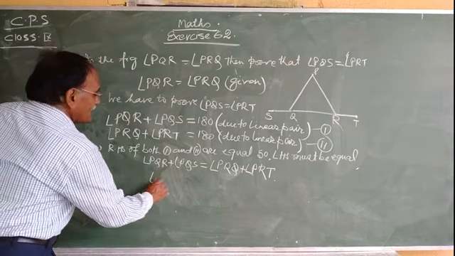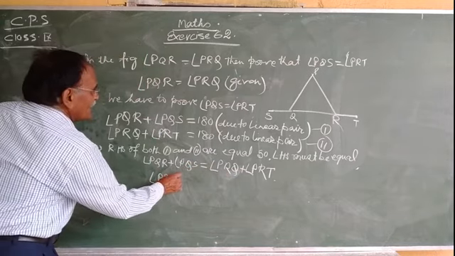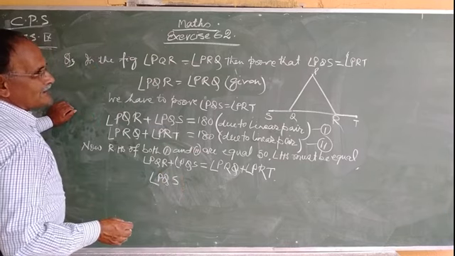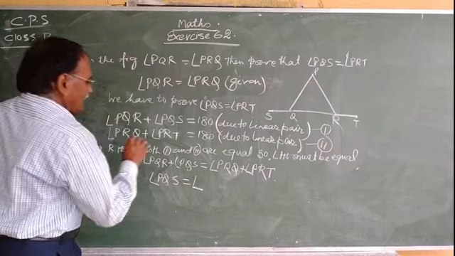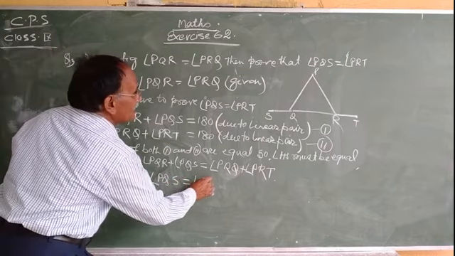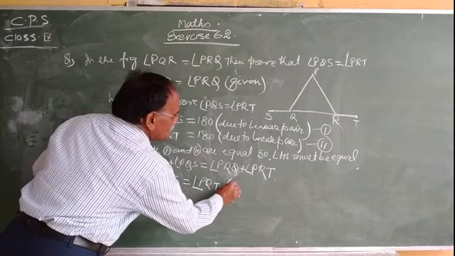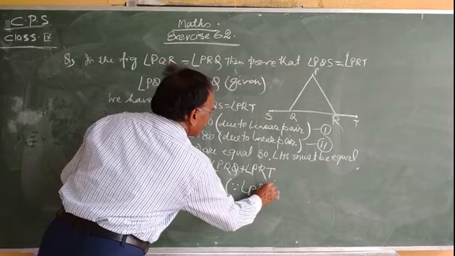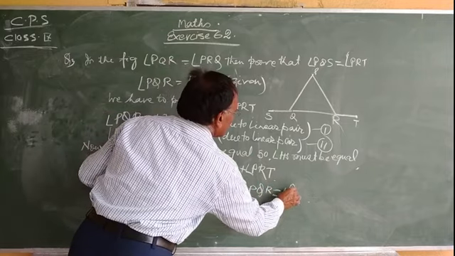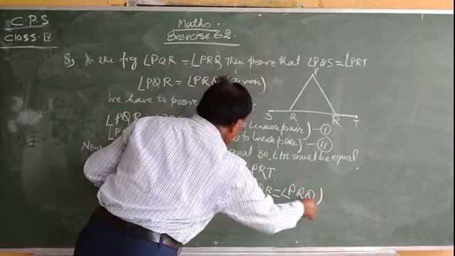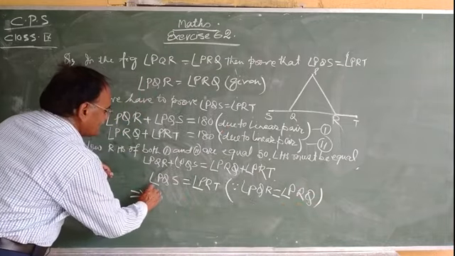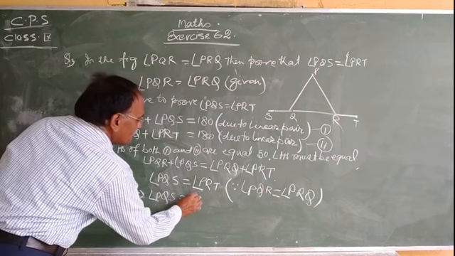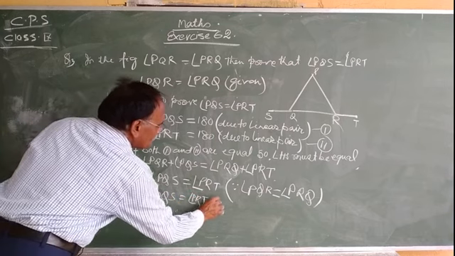So angle PQS is equal to angle PRT, because angle PQR equals angle PRQ. This implies angle PQS equals angle PRT. Proved.